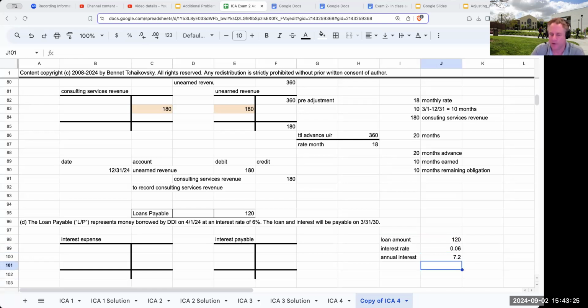However, I borrowed the money on April 1st. So from 4/1 to 12/31, this is April, May, June, July, August, September, October, November, December, so 9 months. So I'm going to multiply this by 9/12 because I didn't use the money for the full year. Times 9 divided by 12.